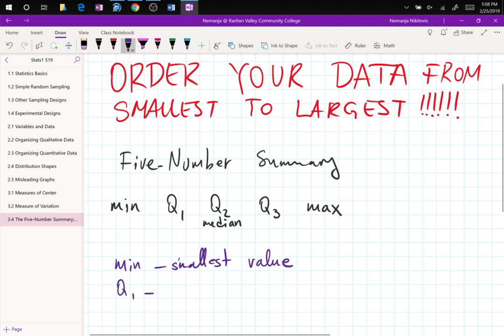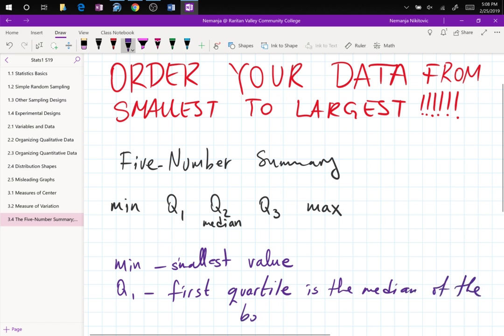Q1, known as the first quartile, is the median of the bottom half of the data set.